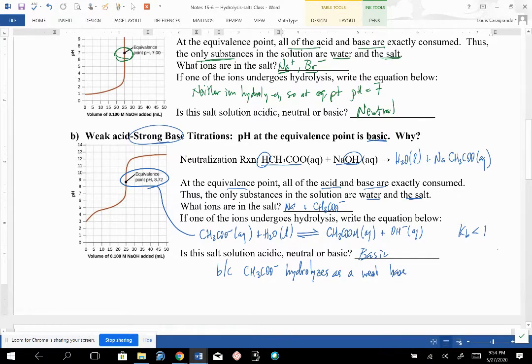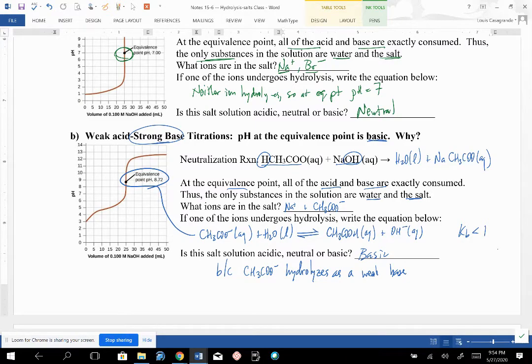And on chart G, you will notice that acetate is on the base side. It's between hydroxide and hydronium ion, and so it has everything you need to hydrolyze as a weak base.